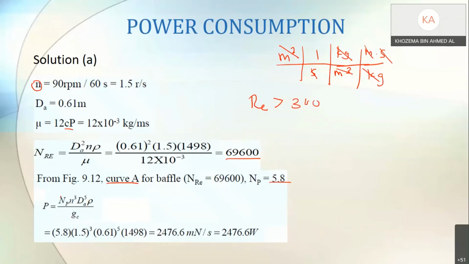And since everything is in SI unit, gc is equal to 1, so I can just ignore the gc here. And I will get the answer 2476.6 meter Newton per second. Or you can always change this and you can get a value of 2476.6 watt. So this is the final answer for A, for a baffled tank.